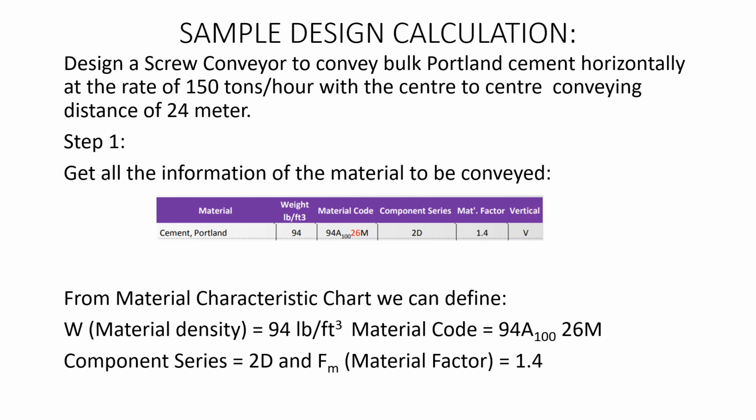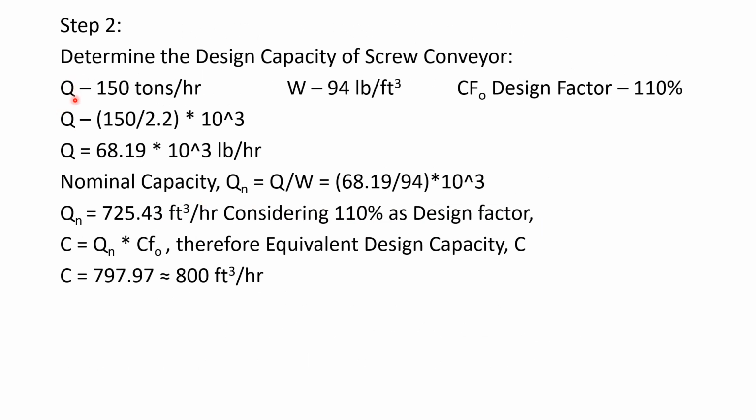Then moving ahead, step 2, we define Q, tons per hour, which is given. Since we are working in feet and pounds, when you do calculations, make sure you define your units properly, because if you're using feet, you need to use pounds or inches. Don't use kg per hour or grams per hour.